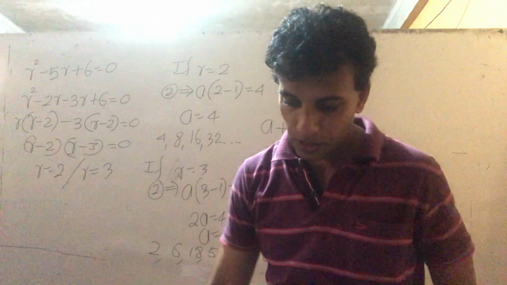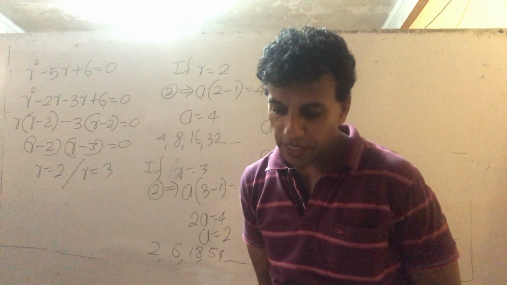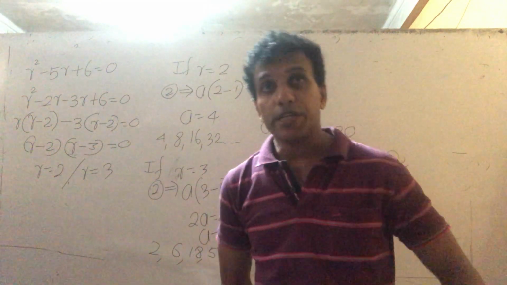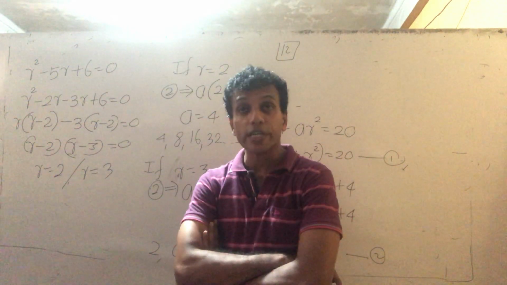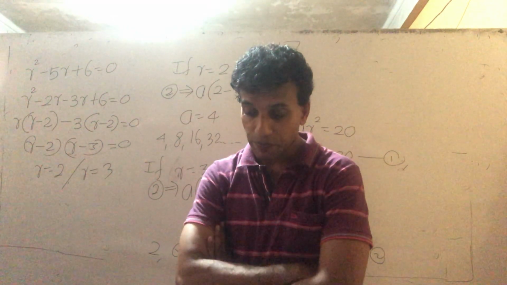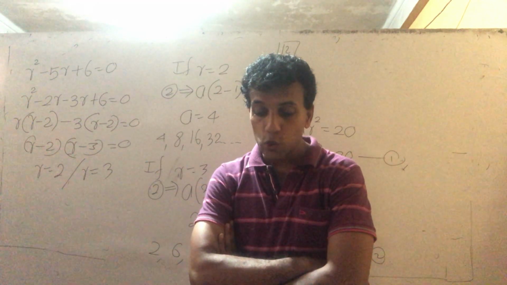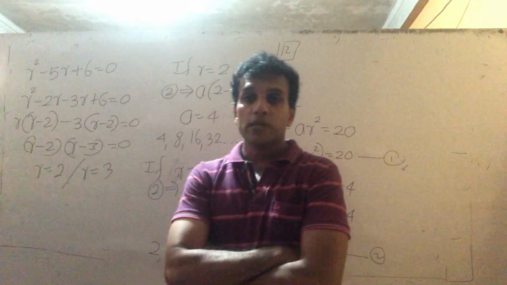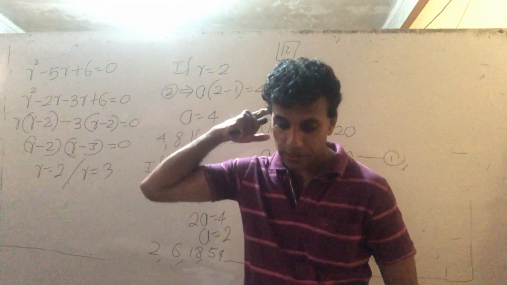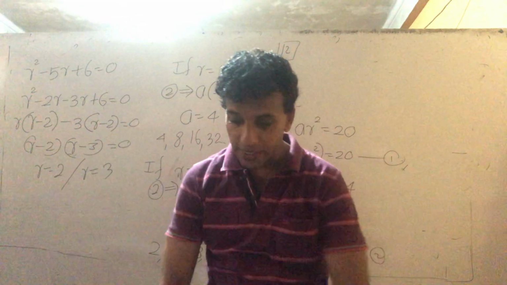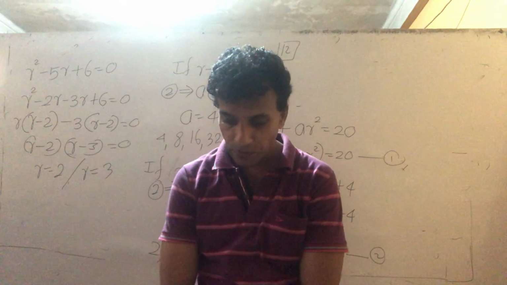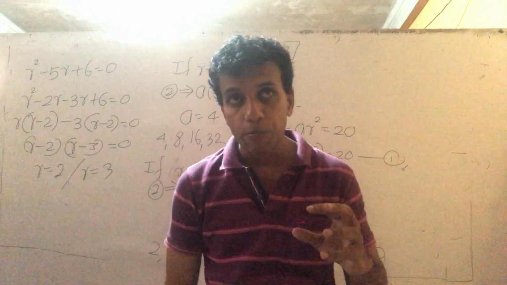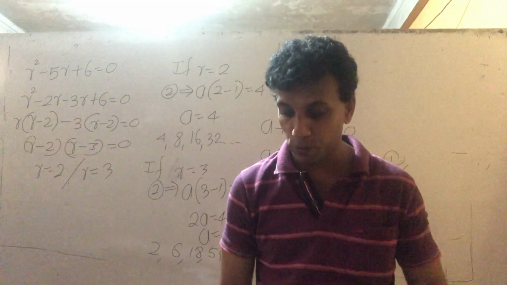In a GP consisting of 4 terms, the sum of the first 2 terms is 8, and the sum of the next 2 terms is 72.